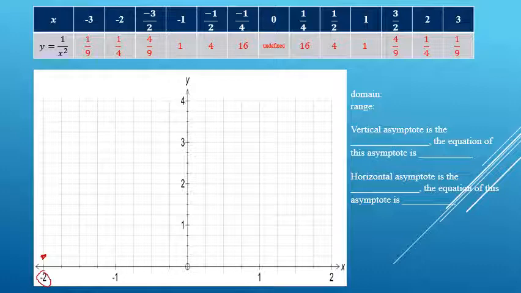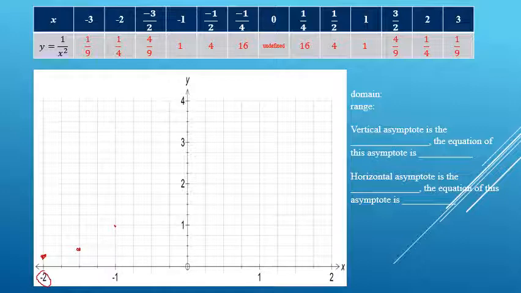The next one, if I put in x equals -3/2, y equals 4/9, which is just a little bit less than a half, so that's where we'd put our point. Next one, when x equals -1, y equals +1, so we'd get the coordinate there.